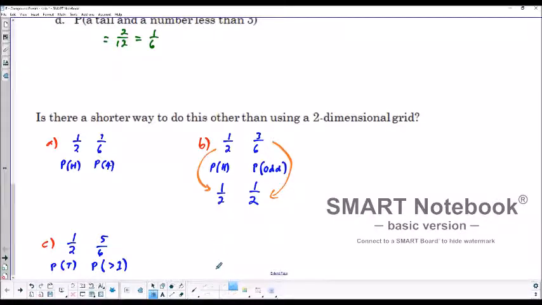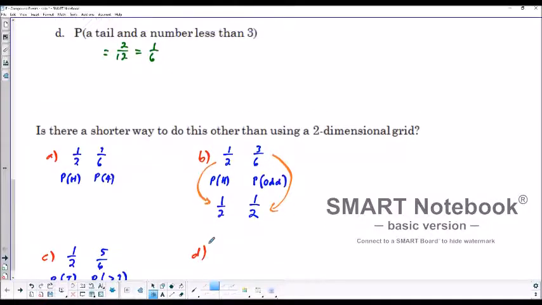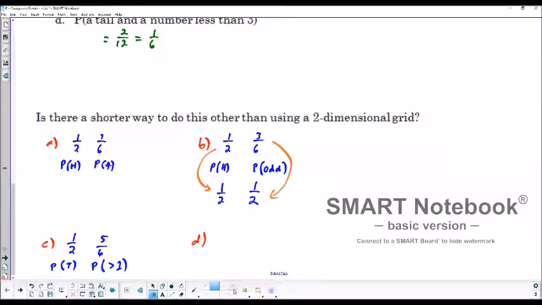And one last example here for part D, a tail and a number less than 3. Again, the probability of tail is 1/2. And the probability of a number less than 3, well, it was less than 3, not just less than or equal to, and that's 2 out of 6 because we had a 1 or a 2.